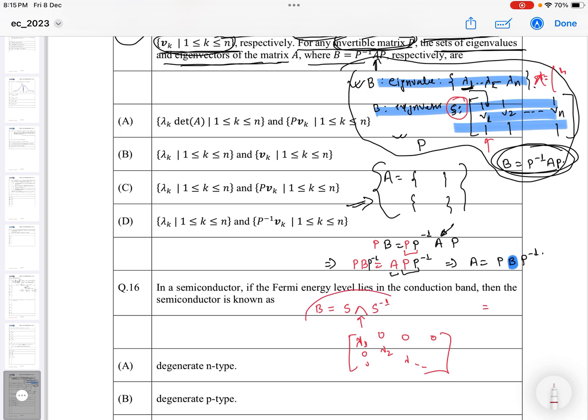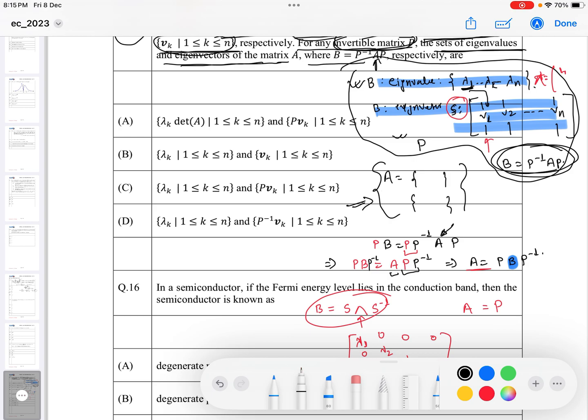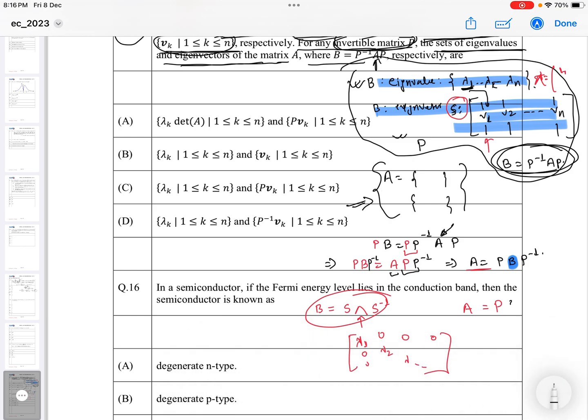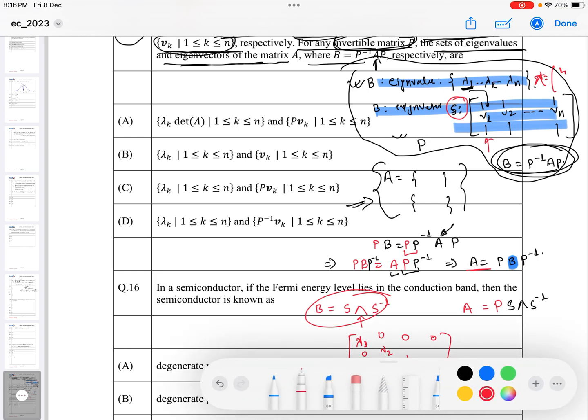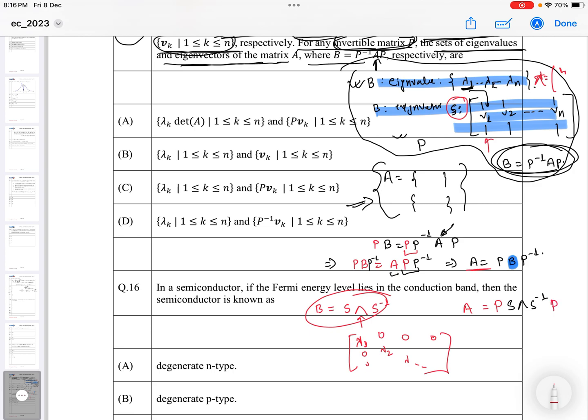Let's substitute this here. So we will have A is equal to P, and here we can write B in this form, S lambda S inverse, and then P inverse.